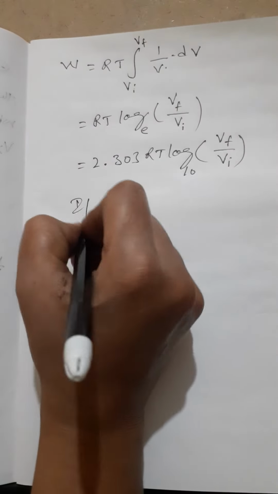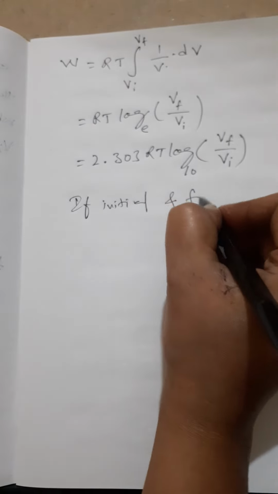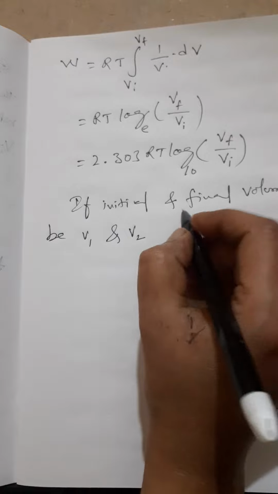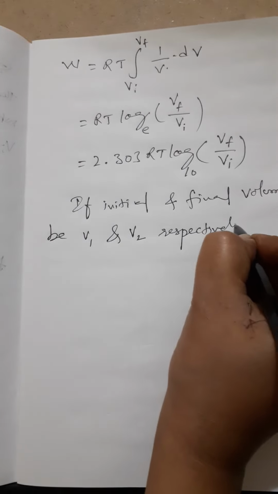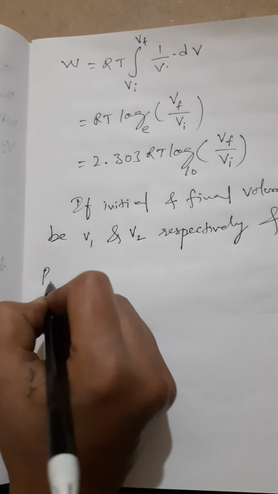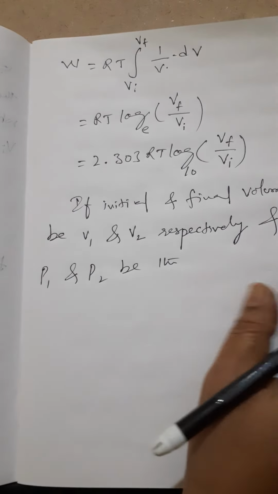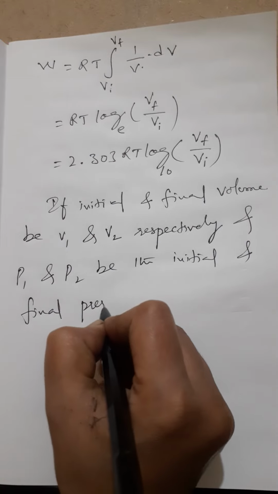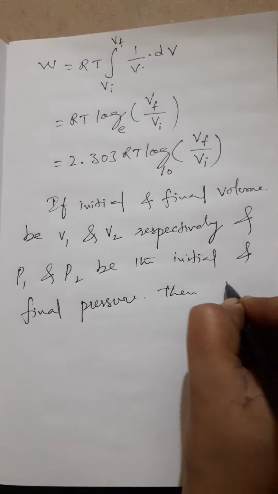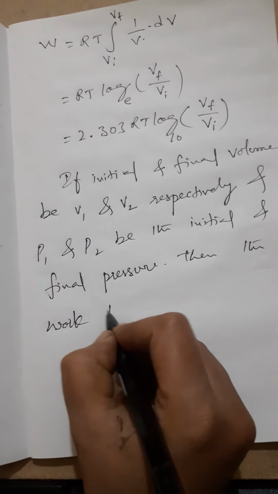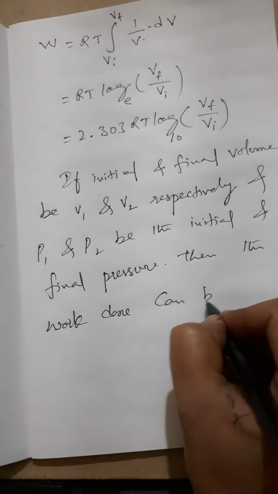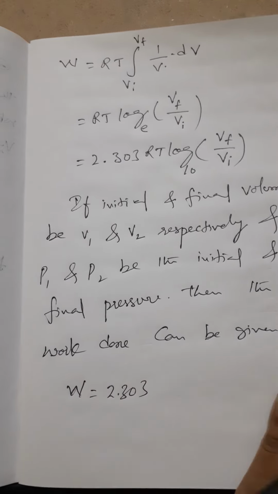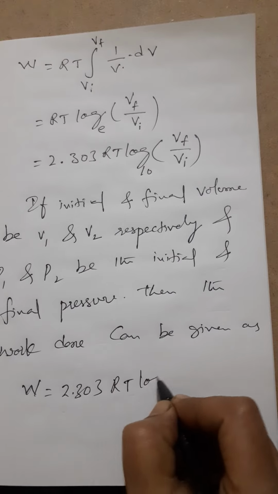If the initial and final volumes are V1 and V2 respectively, and P1 and P2 are the initial and final pressures, then the work done can be given as W is equal to 2.303 RT log 10 of V2 by V1.